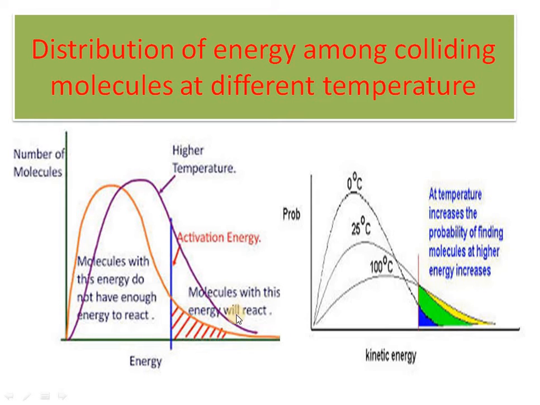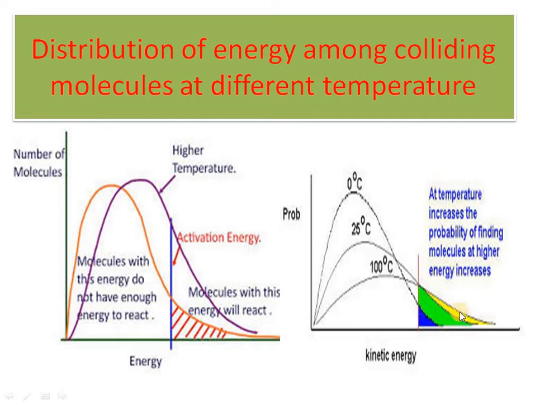Now as the temperature increases, see this diagram, the same only, with 100, 25 and 0. At 0 degrees Celsius, the fraction of molecules having greater than activation energy is less. At 25, it is the blue portion plus green portion. At 100 degrees Celsius, it is blue, green and yellow.